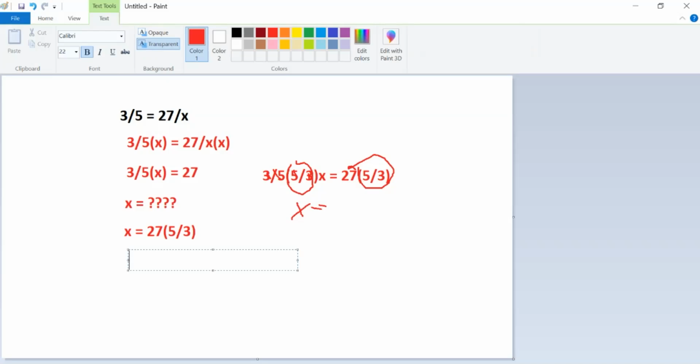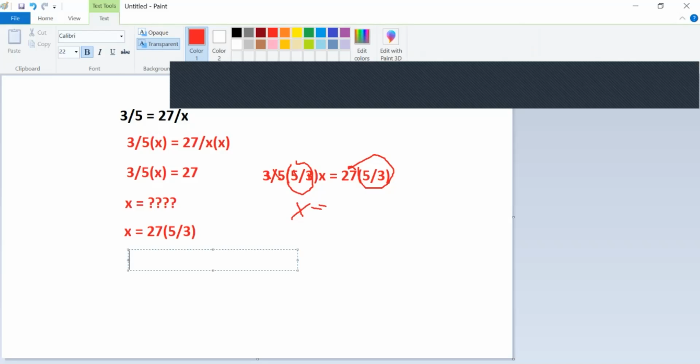Well, where did you get lost? First of all, after the equation is written out, here's the beginning. This is given: 3/5 is equal to 27 over x.